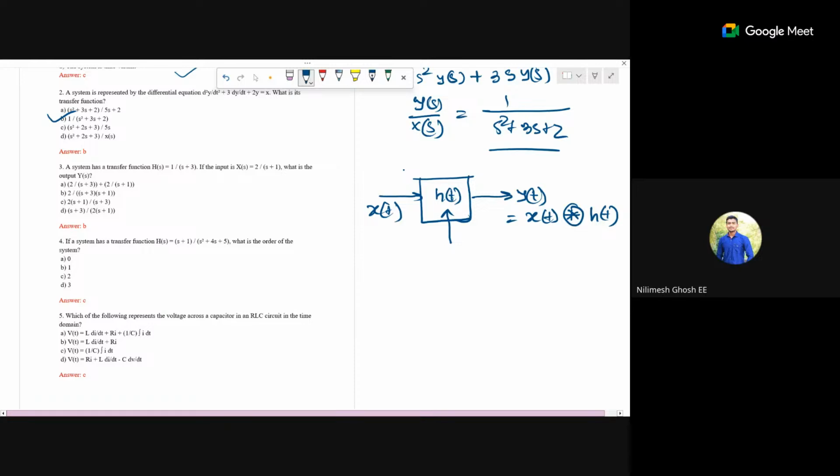For this you have to perform the convolution operation. Before learning the Laplace transform, we always analyzed a system using the time domain approach. Whatever we learned in the time domain, we applied those concepts to solve questions. But then why do we need to know the Laplace transform and Fourier transform, frequency domain, time domain, these kinds of things?